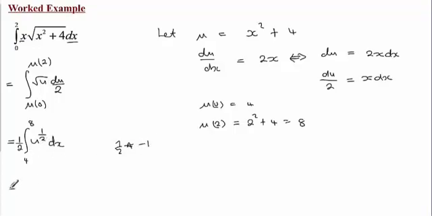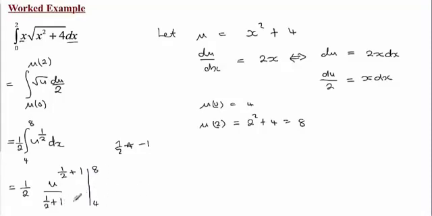So we can continue with our power rule here, which we can write as follows: half u to the power half plus 1 over half plus 1, evaluated from 4 to 8.